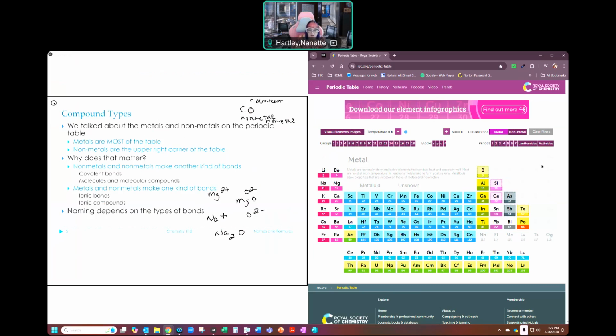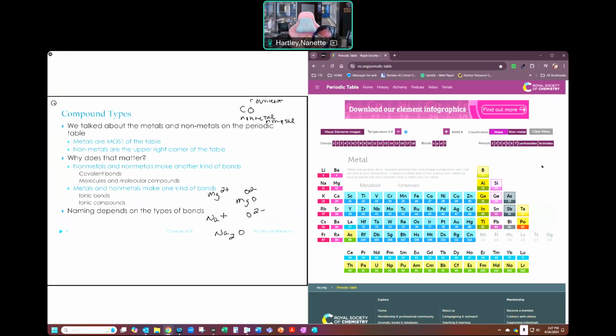They can come together in lots of ways, and you probably already know this, but you don't know that you know. We can talk about carbon monoxide. So carbon monoxide means that I have carbon bound to a single oxygen. But I can also have carbon dioxide, where I have carbon bound to two oxygens.